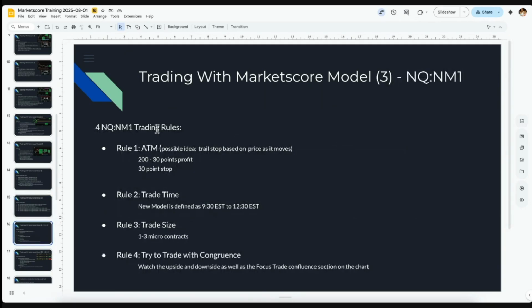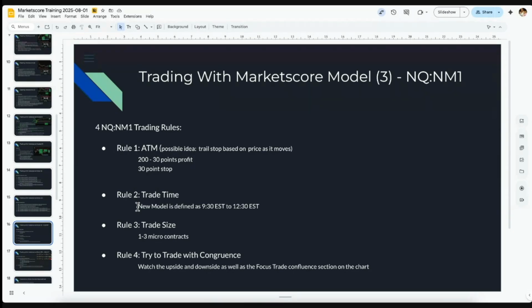So this is the NM1. It's the 200 trade. Well, the 200 trades are 30-point profit, 30-point stop loss. The trade time, all of the models are currently based, and I haven't gone through and re-optimized NM4 through NM8 for the times, but because 9:30 to 12:30 Eastern worked, I decided it was easier just to roll with this and go back to it and worry about whether or not I could optimize it better later.